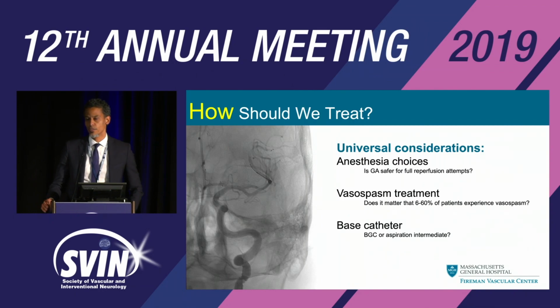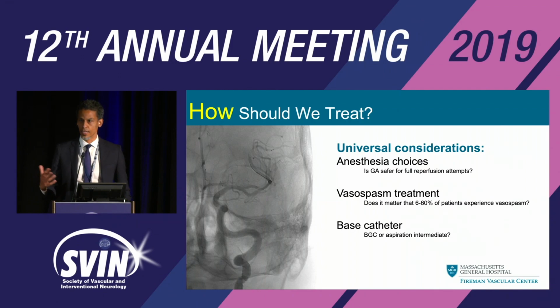In the how we treat discussion and debate, there are certain universal considerations. Anesthesia choices, what we do about spasm, which is much more common in those small distal vessels, the ongoing debate about balloon guides versus aspiration systems. We have prioritized the bigger aspiration systems over the balloon guides, and we use conscious sedation. We don't use GA.